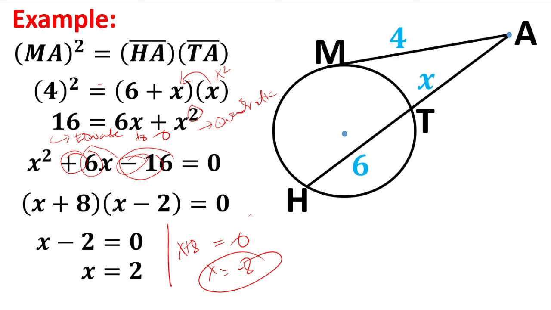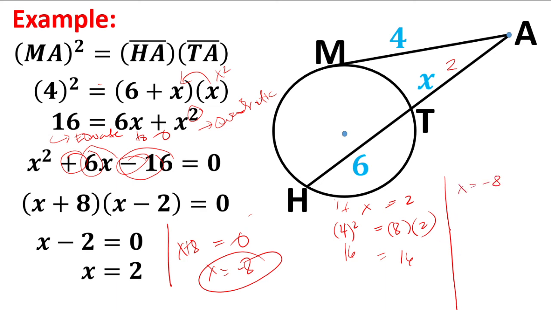Okay? Sige, try natin. Say, checking tayo. If x is equal to 2, we have MA, which is 4 square, is equal to HA kung ito ay 2. Okay? 6 plus 2, that is 8, times, x natin ay 2. 4 times 4, 16. 8 times 2, 16. O, try natin yung isa. X is equal to negative 8. So, 4 square is equal to negative 8 ito.